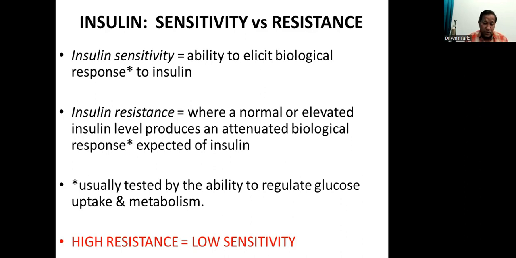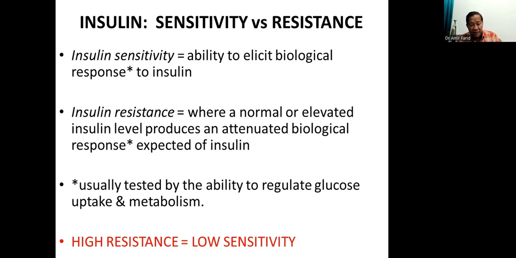The biological responses to insulin are those mentioned earlier on, right? Opening up the glucose channel, and then enabling the energy production, and then enabling the glycogen storage, and then the fat storage, and also the protein metabolism.